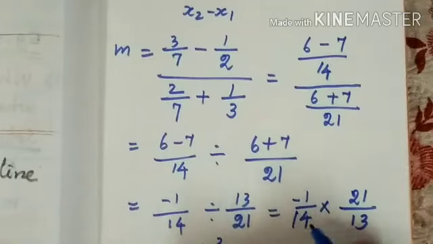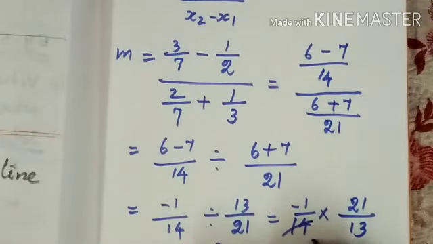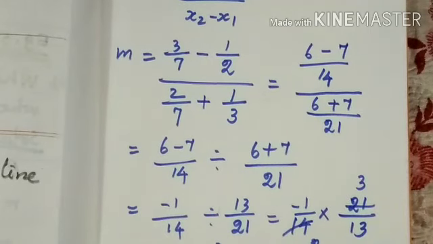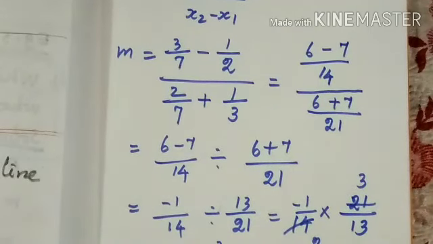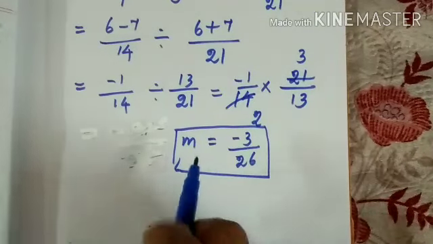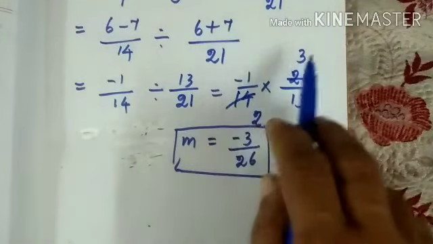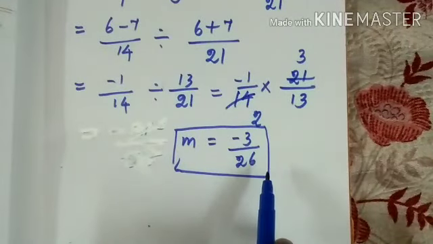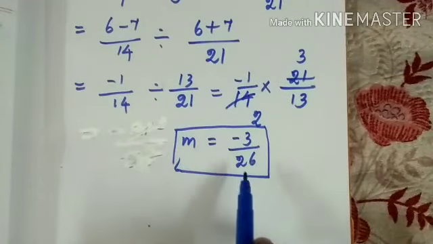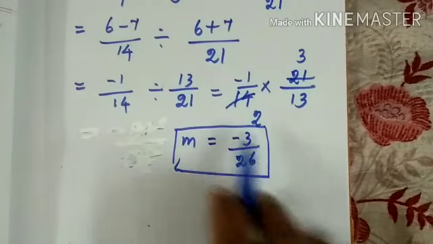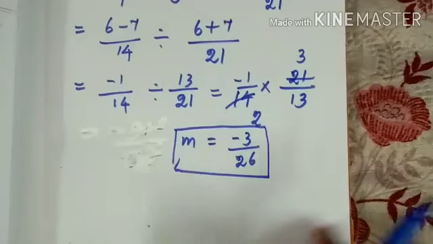Now you simplify this by 7 table. 2 7s are 14, 3 7s are 21. Now you multiply this, means we get minus 1 into 3, minus 3, 2 into 13, 26. Then the slope of the line m is equal to minus 3 by 26. This is the answer for second subdivision.